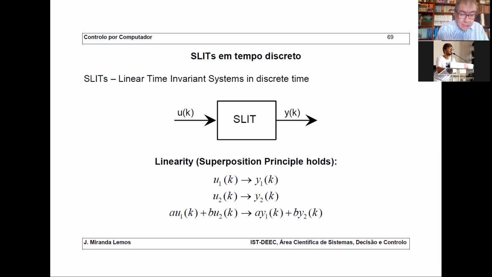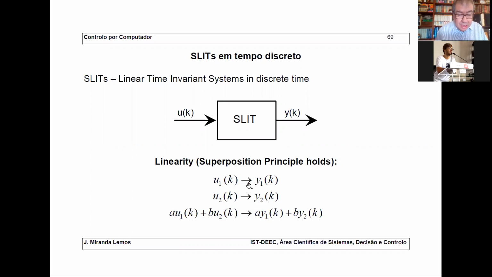Now, linearity, it's the situation in which the superposition principle holds. So this means that if you apply a sequence u1 and you get a response y1, now you apply another sequence u2 and you get another output y2.